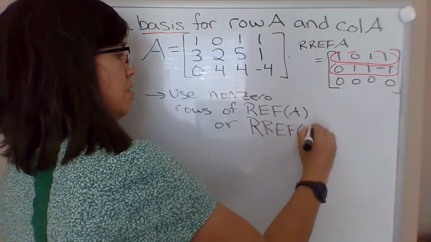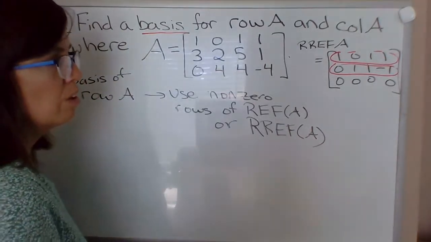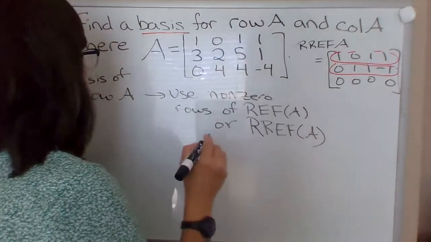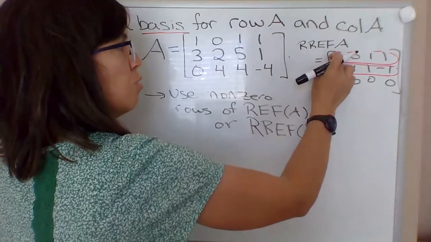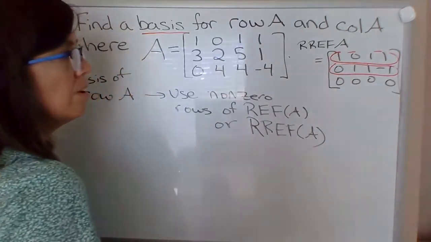So use the non-zero rows of one of those matrices. In this case, our basis for the row space of A is going to be these two vectors here.